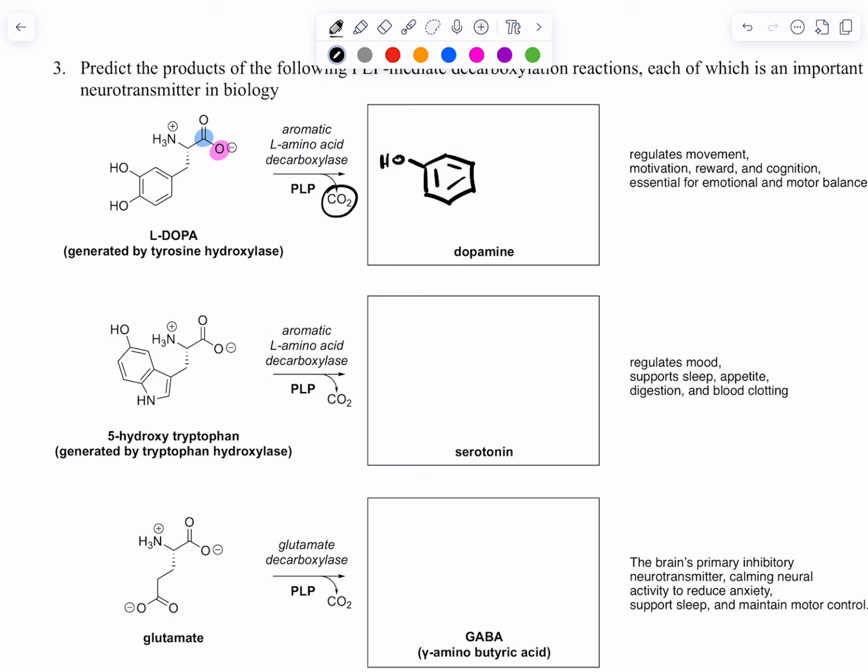Right, and we'll draw, because I put PLP over the arrow, remember PLP makes this process happen, but at the end you get imine hydrolysis. So for all of these reactions, we're starting here and we're going all the way here, and I'd like to see the amino compound that you make. So there is dopamine. That's what it looks like.